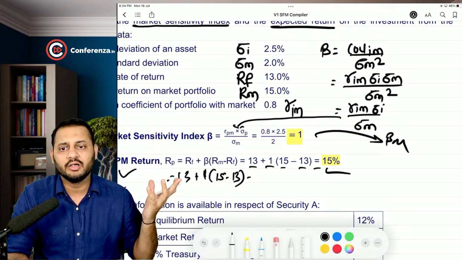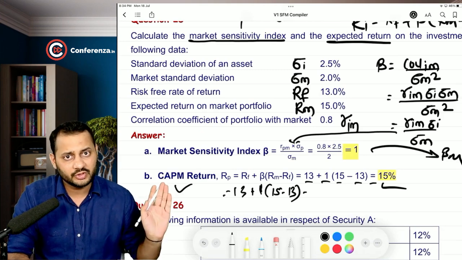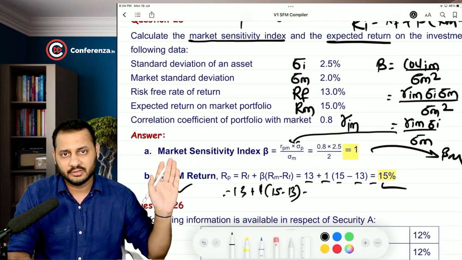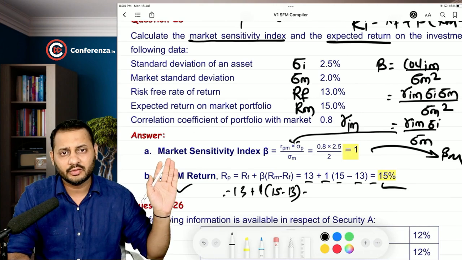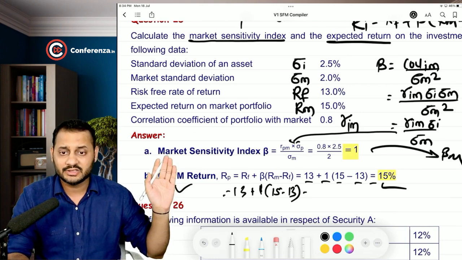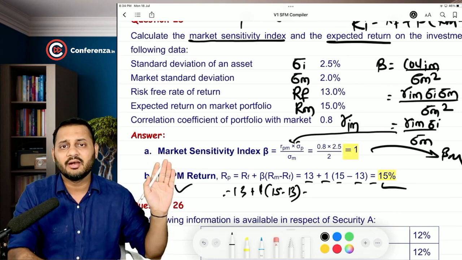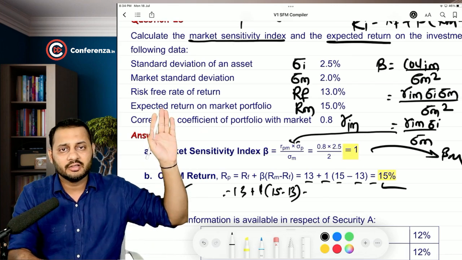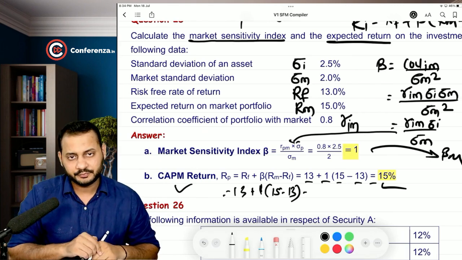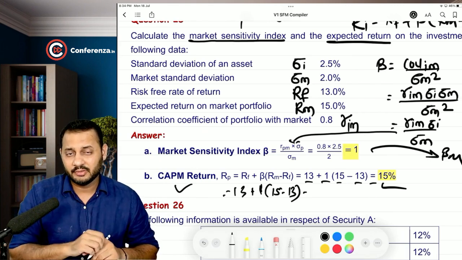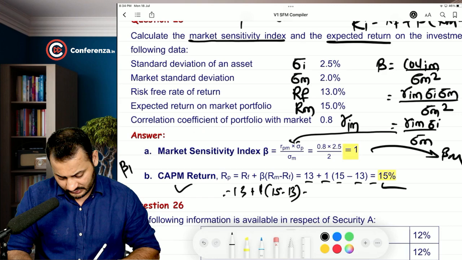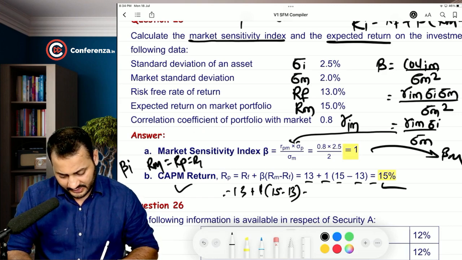You don't have to use this formula in this question, since you have already calculated the beta as 1. You can clearly write down that the return of the portfolio will be 15%, equal to the market portfolio. Remember, whenever the beta is 1, RM and RP or RI are the same.